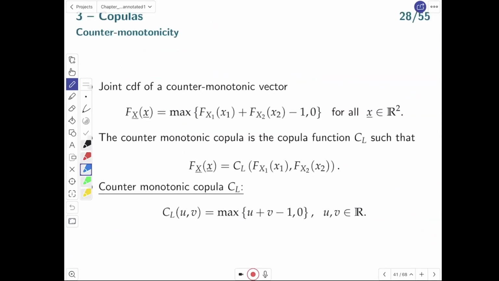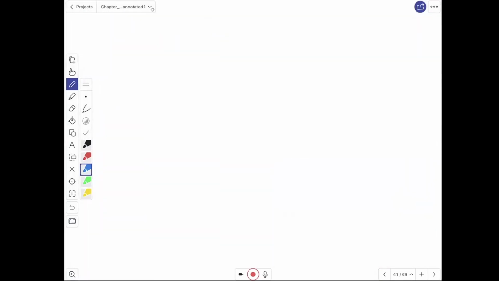Okay, let's have a look at the CDF of a counter-monotonic random vector. So we have X1, X2, which is counter-monotonic. And similar to what we did with comonotonicity, we want to derive the joint CDF.